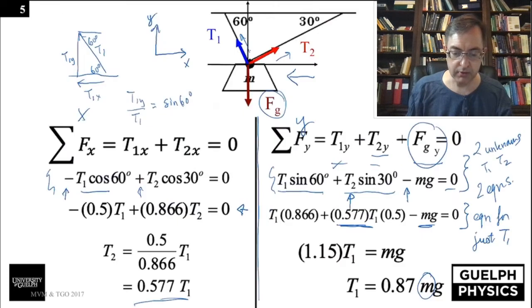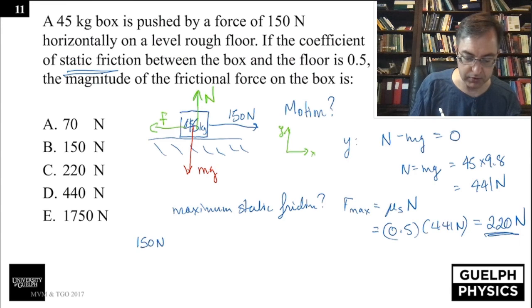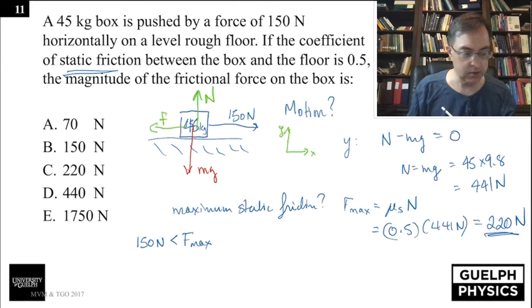So let me just go back for a sec. The conclusion is that the applied force of 150 newtons is less than F max, which is 220 newtons, and so the box remains stationary.